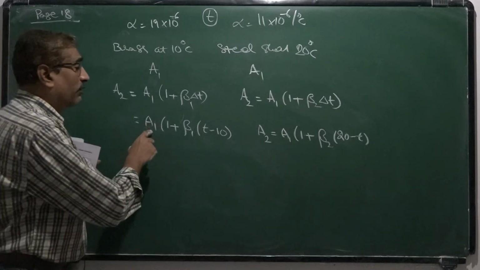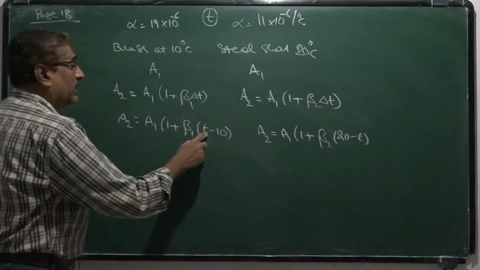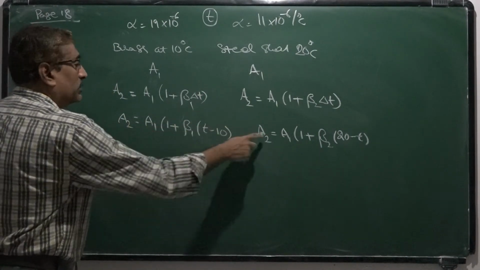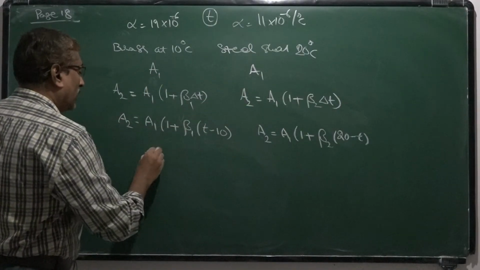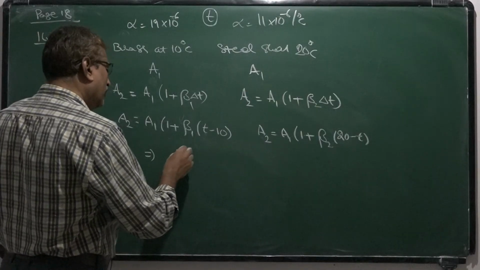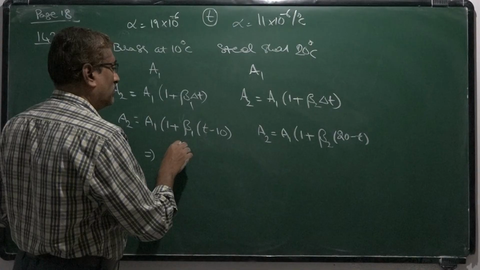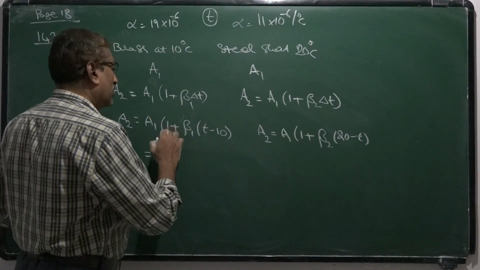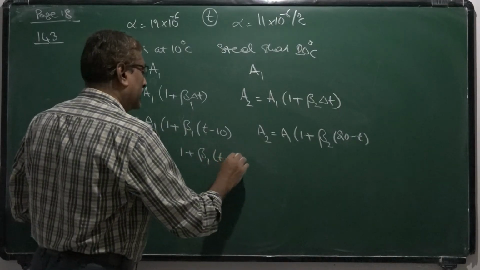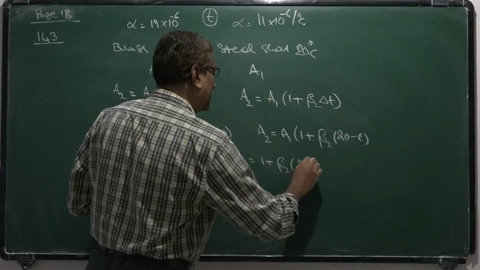Now from this, A2 is again equal, because at a particular temperature T both of these are equal. Both A2s are equal means the A1s are also equal. So we can directly write 1 plus beta 1 (T minus 10) equal to 1 plus beta 2 (20 minus T), assume like that.